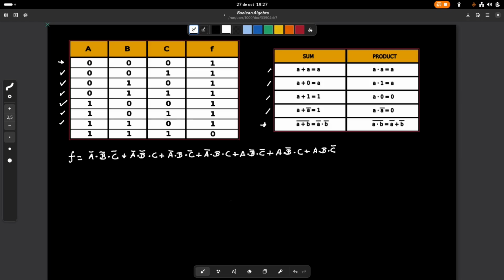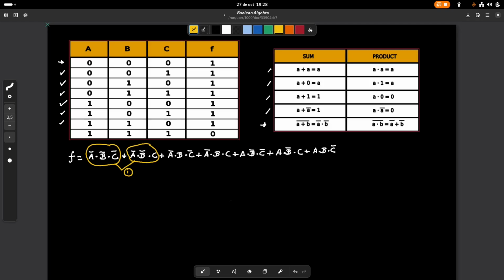So we can see, for example, that this term and this term have A negated, B negated as common factor. So I'm going to name this 1.